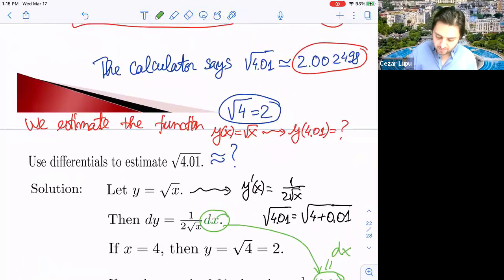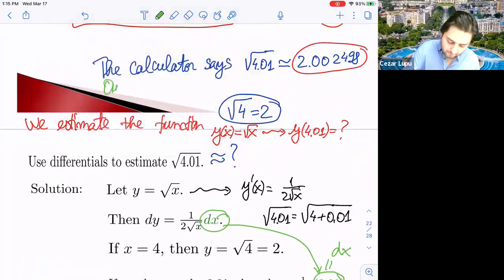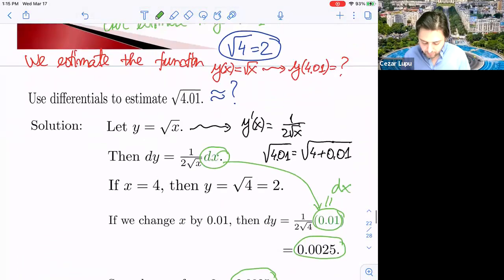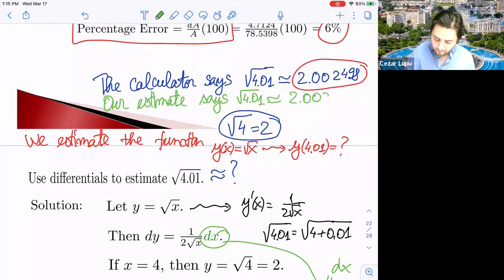The calculator says this, and our estimate says that the square root of 4.01 is 2.0025. You see, very close. These guys are very close to each other.